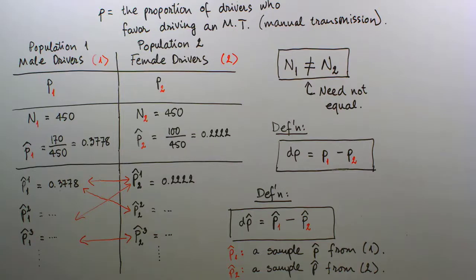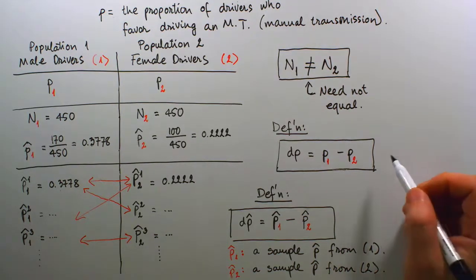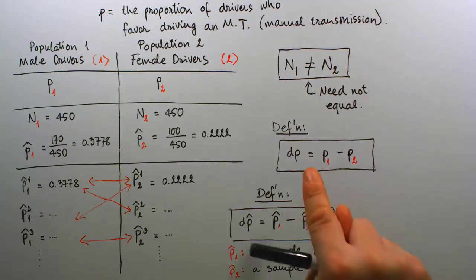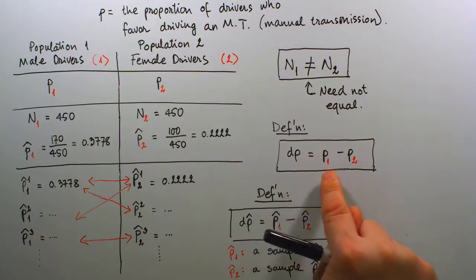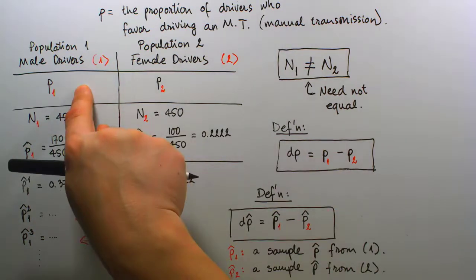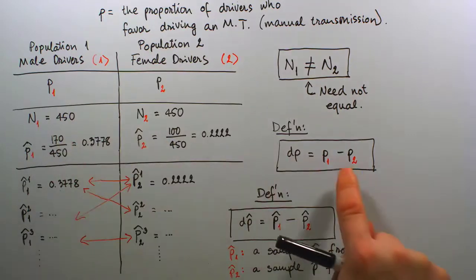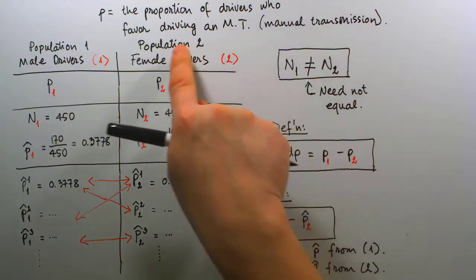All right, so now hopefully you've had some thoughts about this. And so now I can introduce for anyone this dp right here, simply defined as the population proportion value from population 1, whoever population 1 is, minus the population proportion from population 2, for whoever population 2 is.